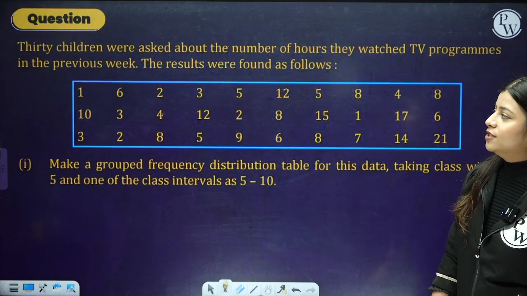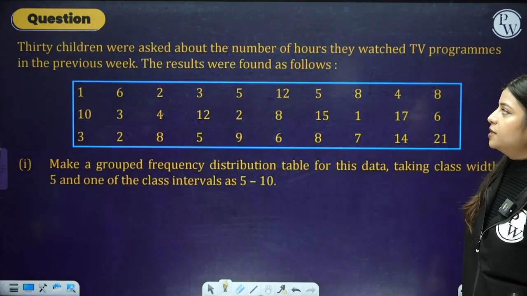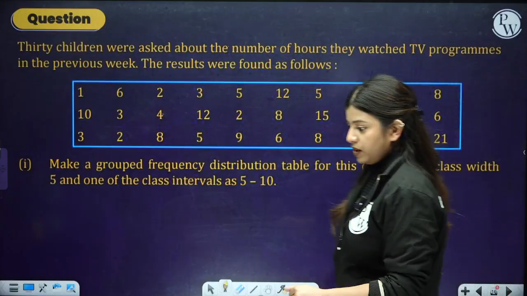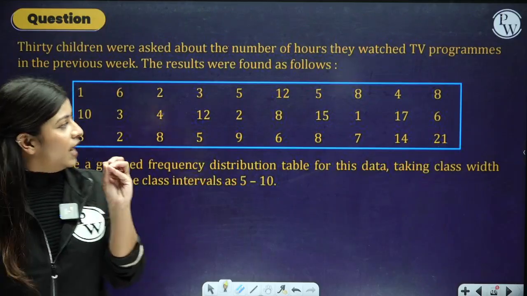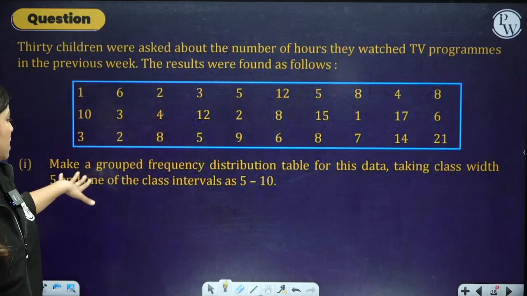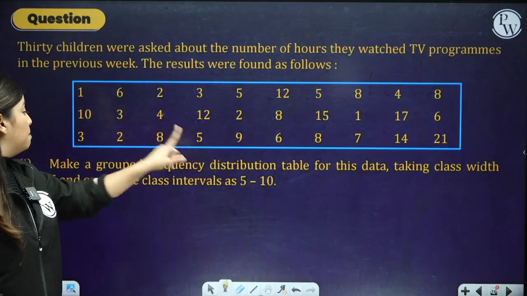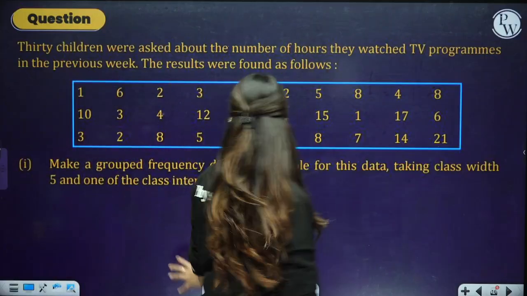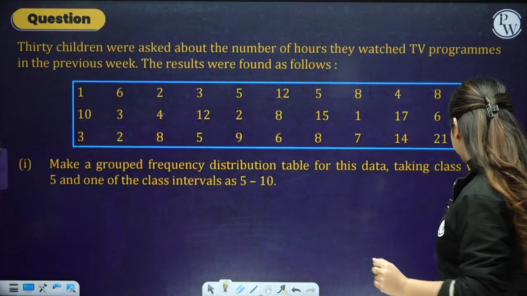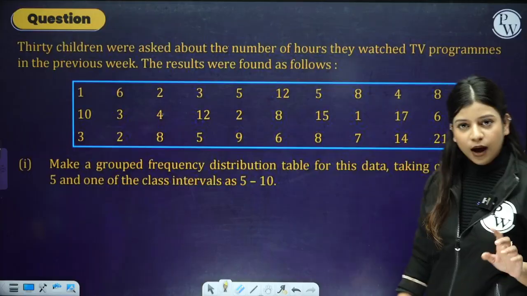The next question says that 30 children were asked about the number of hours they watched TV. Make a frequency distribution taking a class gap of 5. How to do that?